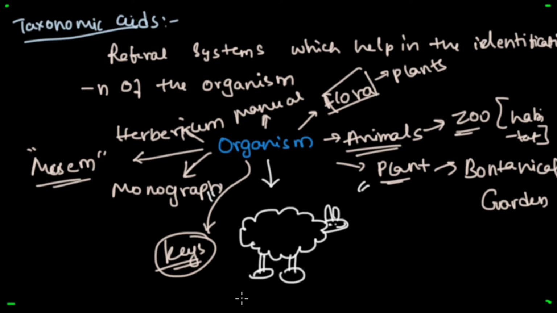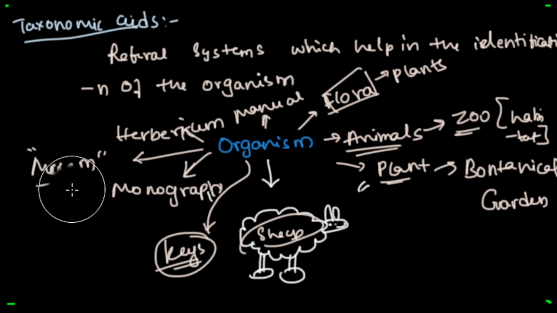After doing all this, you will know that this animal is a sheep. That's how we can come to know the name of an unknown organism. Now let us see one taxonomic aid after the other.